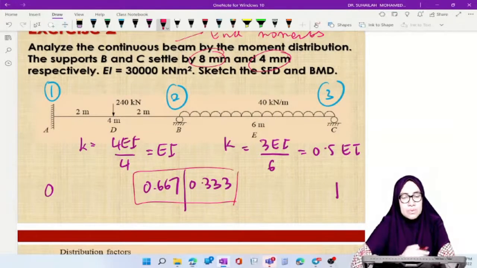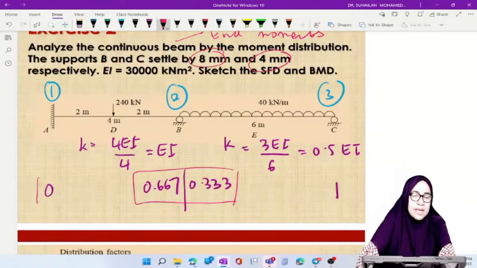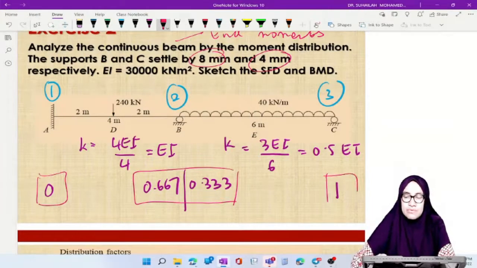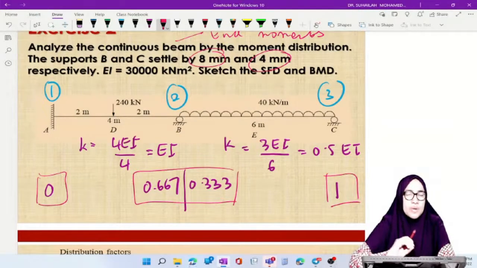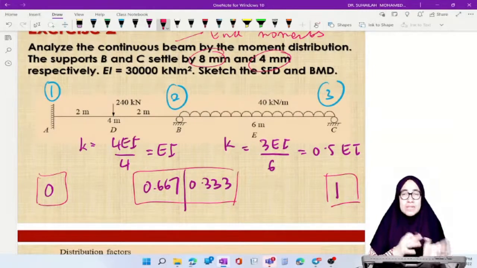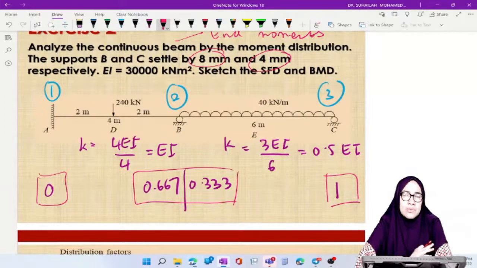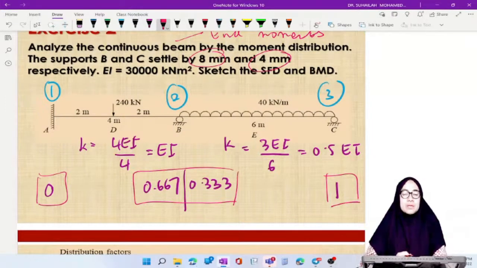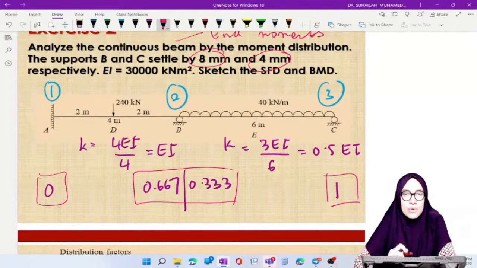So this is the distribution factor. All of this we will transform into a table, because we will calculate the moments in table form. Next we want to calculate the FEM.